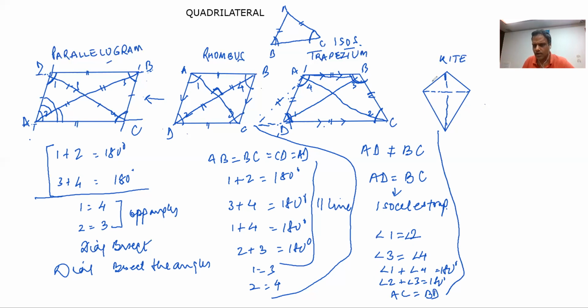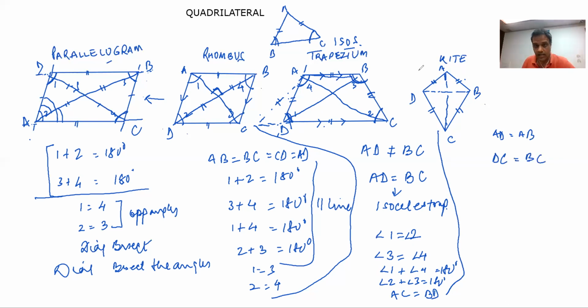If you look at the original kite, the two sides adjacent to each other are the same. This side is equal to this side, and this side is equal to this side. Let me name this A, B, C, D. So AD is equal to AB, and DC is equal to BC.